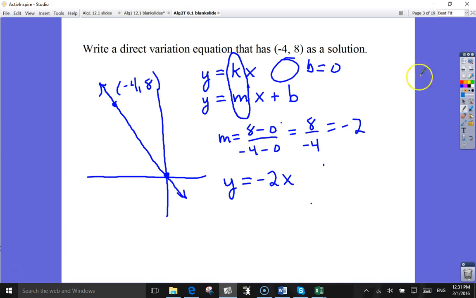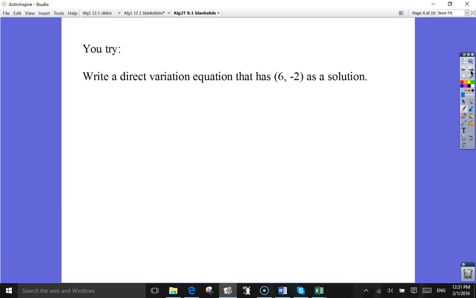So here's your first U-try of the semester. Try to do the same thing with that. So what is the value of k for this problem?